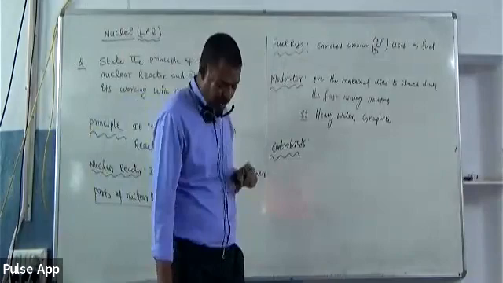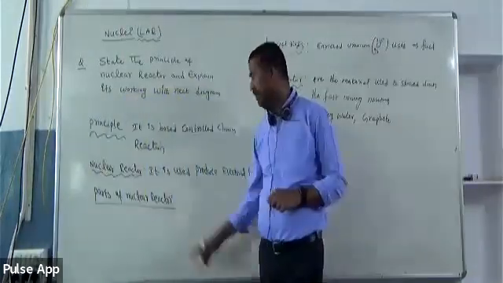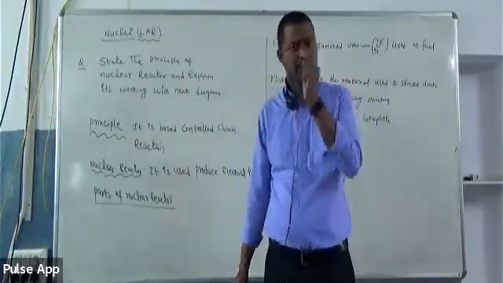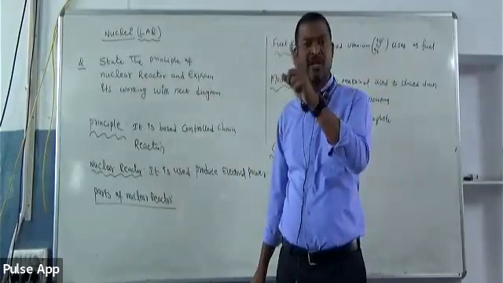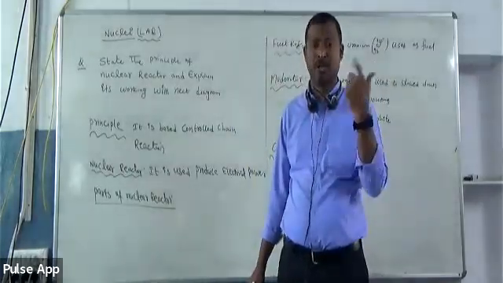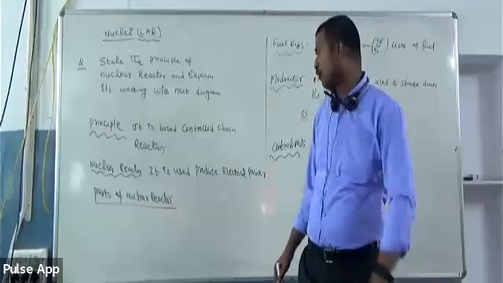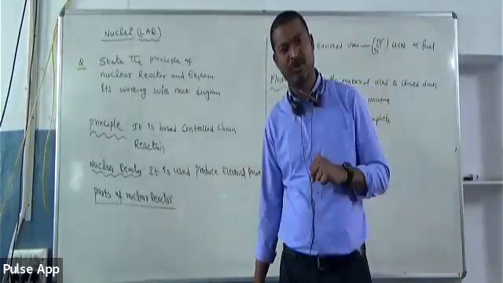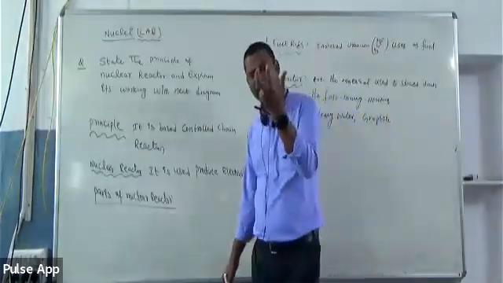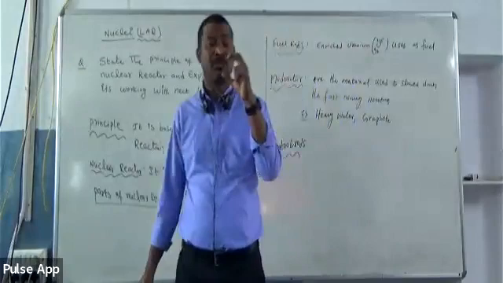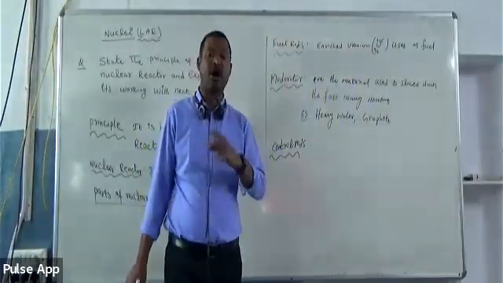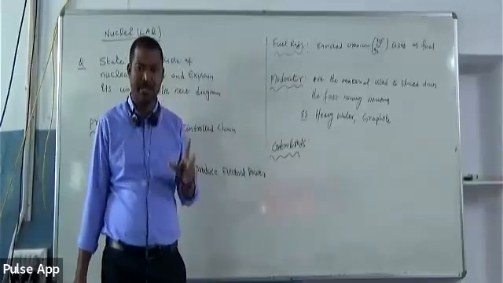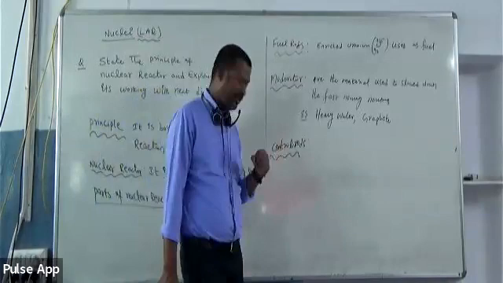But to continue the controlled chain reaction, only one neutron is required. Out of many, we require only one neutron, and the remaining neutrons should be controlled. This is done using control rods: neutron absorbing material is used as control rods to control the chain reaction.